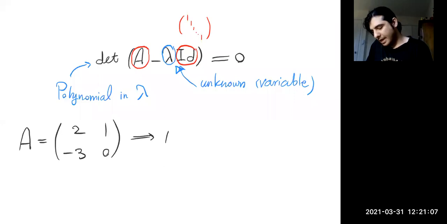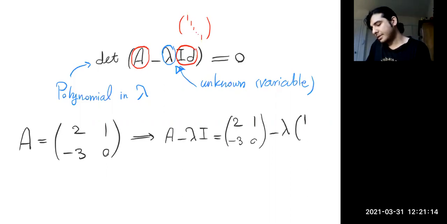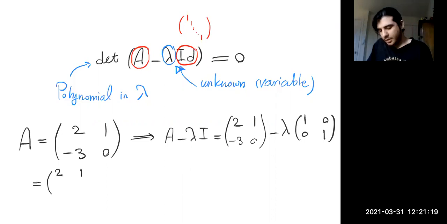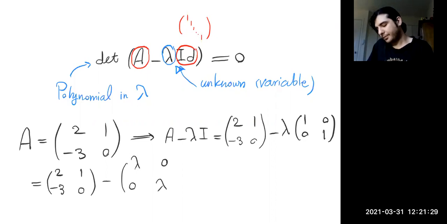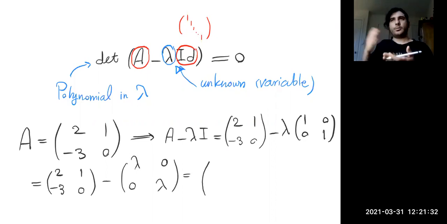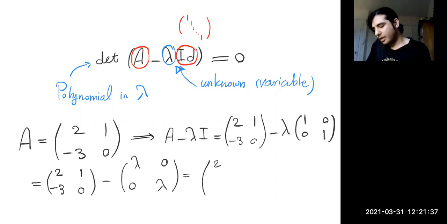So look at A minus lambda times the identity, which is 2, 1, minus 3, 0, minus lambda times the identity matrix, which is lambda times 1, lambda times 0, lambda times 0, and lambda times 1. Then we subtract them component by component, so it would be 2 minus lambda, 1 minus 0, minus 3 minus 0, and 0 minus lambda.